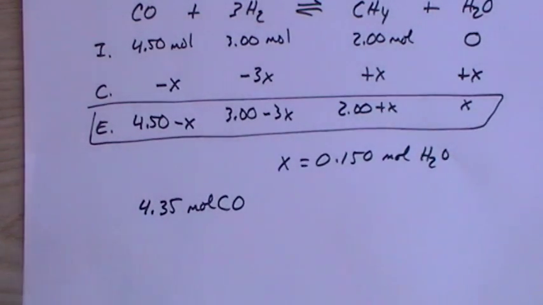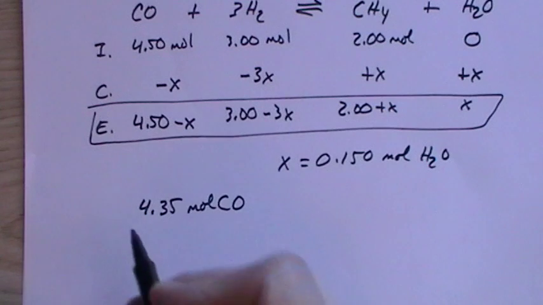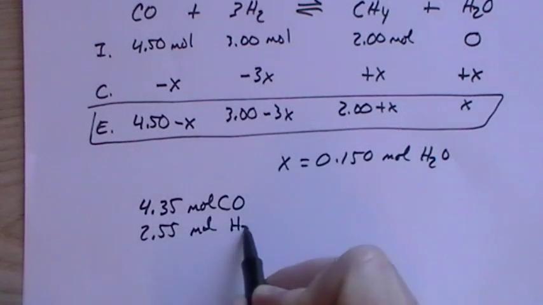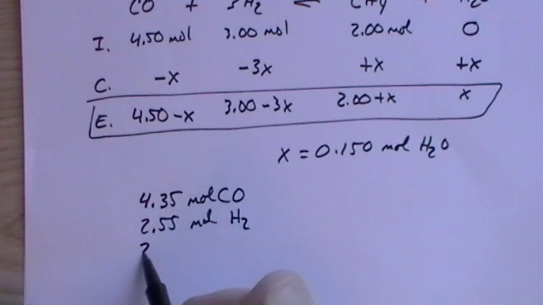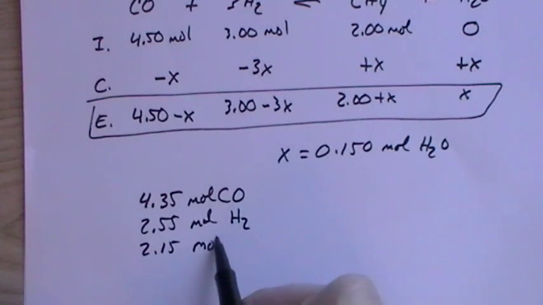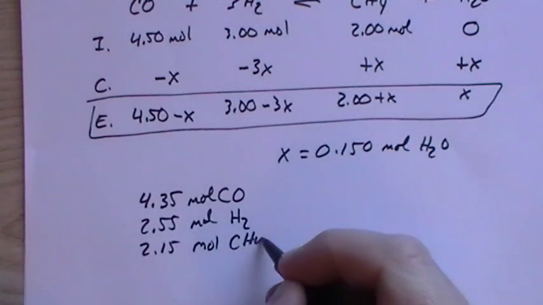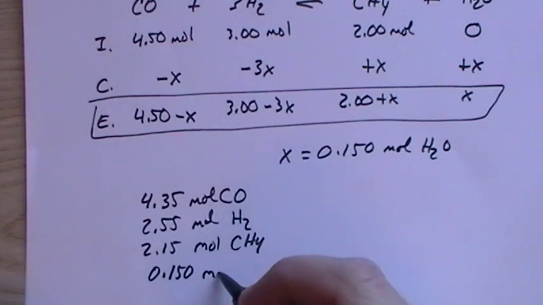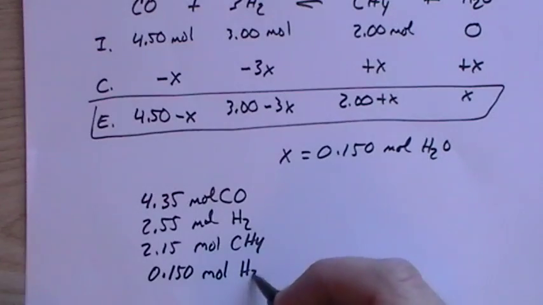And then we have 3 times 0.15 plus 3, and we end up with 2.55 moles of hydrogen. And then we end up with 2.15 moles of methane. And then they gave us 0.15 moles of water.